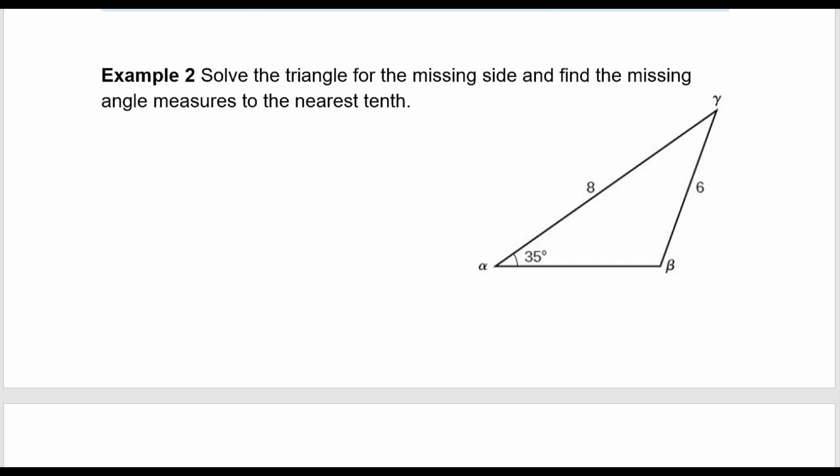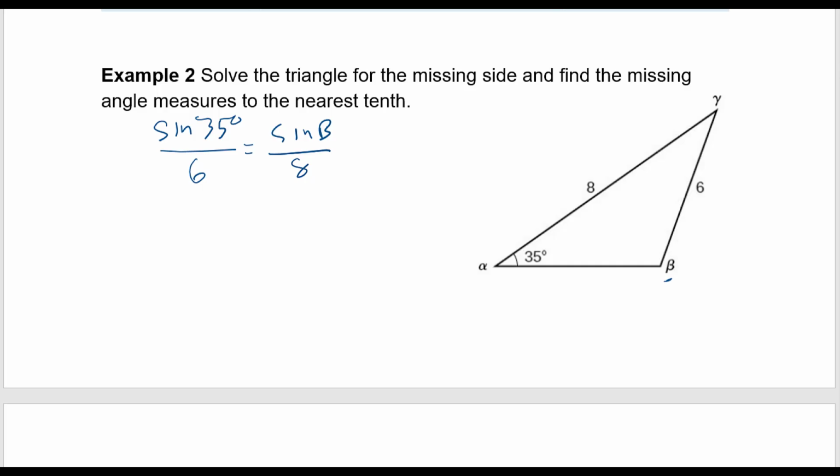We know one of the sides here, we don't know the associated angle, so we can just go ahead and do this. We could say sine of alpha, that's 35 degrees, over 6 is sine of beta over 8.